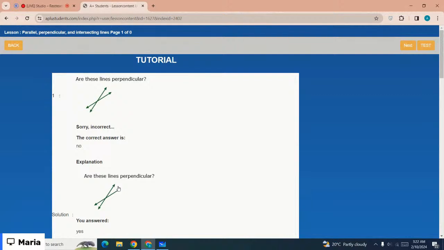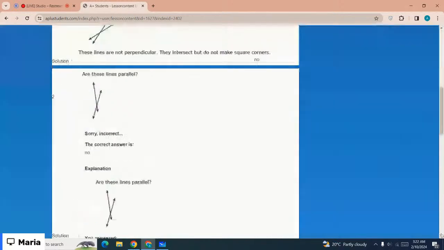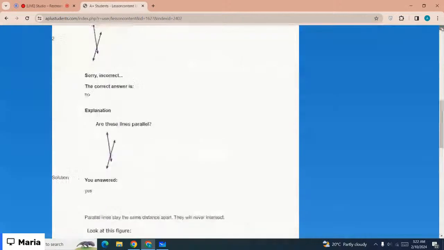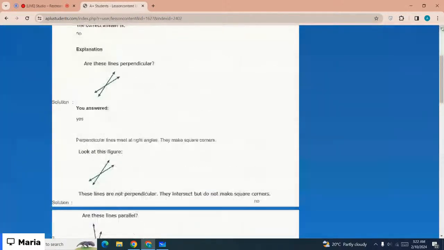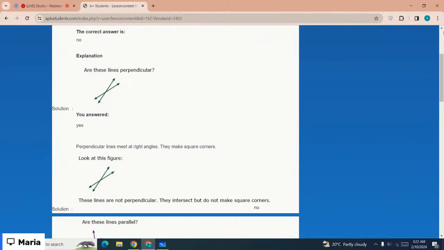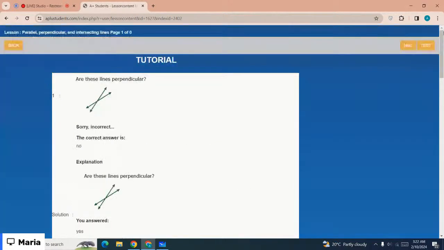Are these two lines perpendicular? They are not perpendicular. They intersect but do not make square corners, right? They are intersecting lines. Let's just start with the test questions.